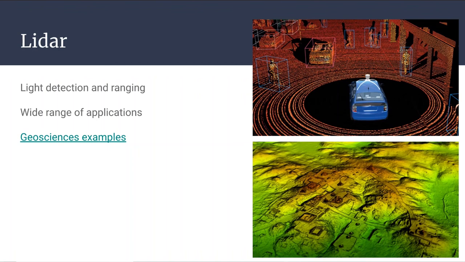In addition to these really high-tech examples where we're looking at the future of technology, we also have really important applications in the scientific community as well. The example from the bottom right is using LiDAR mounted on an airplane to look at archaeology within the rainforest. So we've actually discovered buildings, agricultural systems, ramparts, ditches, all these old archaeological pieces of ancient civilizations that would have been hidden by the forest canopy otherwise.